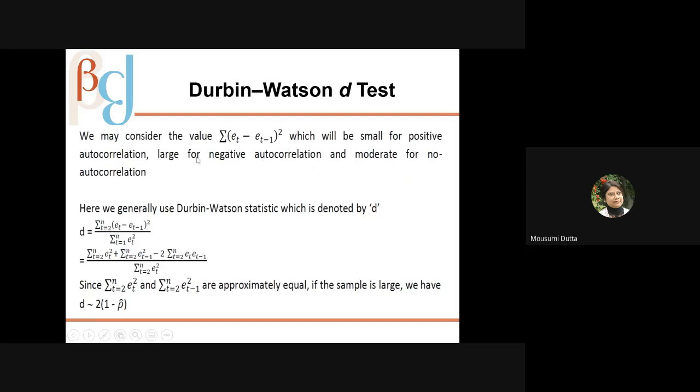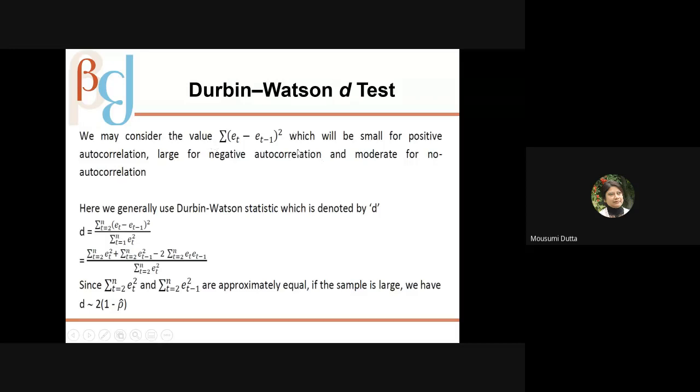Therefore, as an alternative, we have to consider summation et minus et minus 1 whole square. We consider this because this whole square will be small for positive autocorrelation, large for negative autocorrelation, and moderate for no autocorrelation.